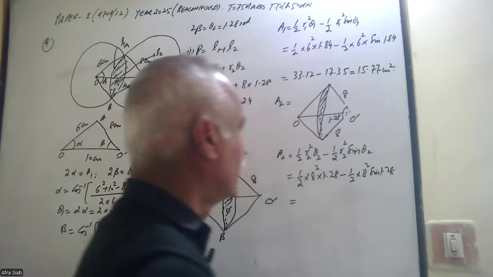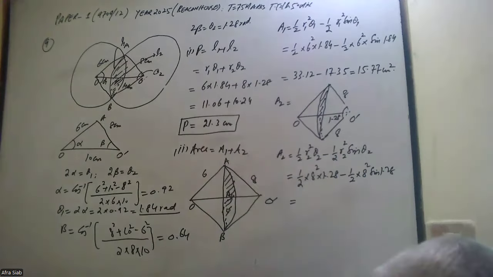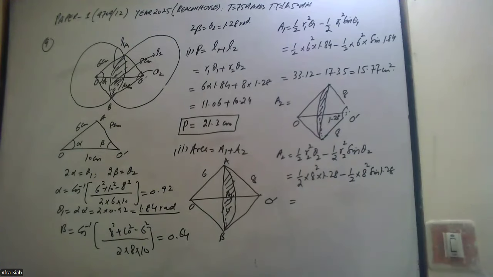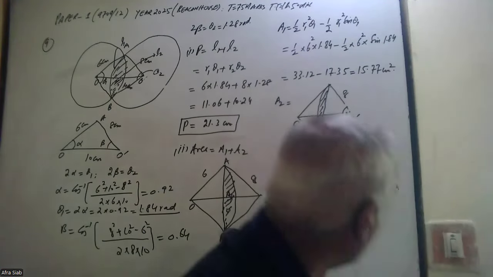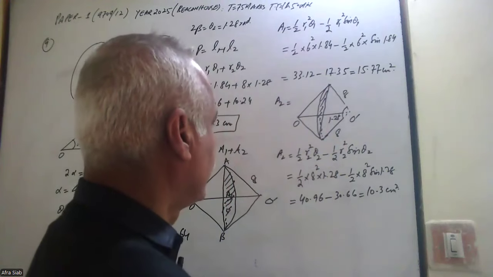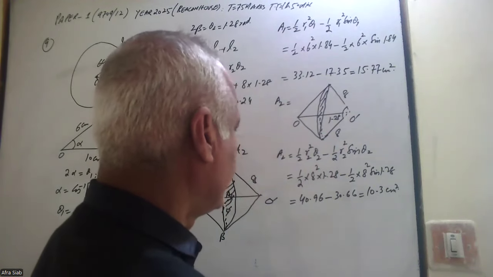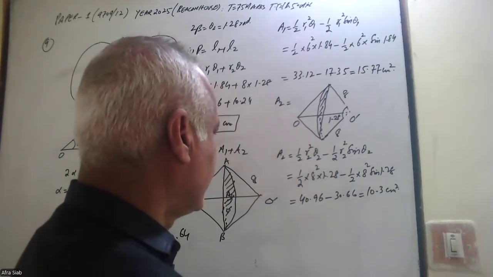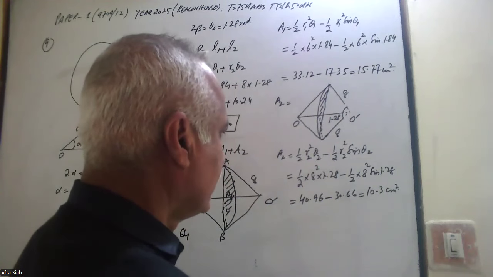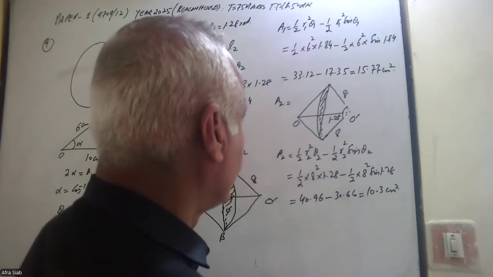That is equal to 40.96 minus 30.66, which is equal to 10.3 centimeter square.